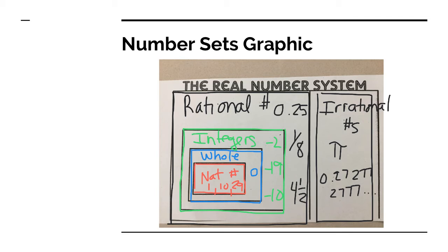Although you see a pattern, nothing is repeating exactly. So this is where our non-terminating, non-repeating numbers go. And then the umbrella that covers all of these numbers is the real number system. It involves both rational and irrational numbers.